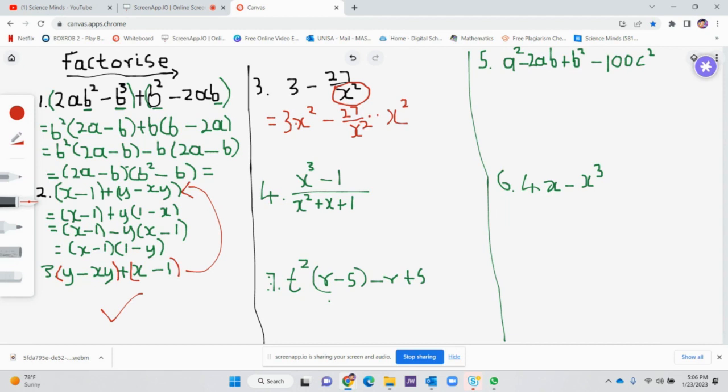So now you took the denominator and multiplied by itself, it disappears, it will cancel. Whereas in this case, we're going to have 3 times x squared will give us 3x squared, minus 27.